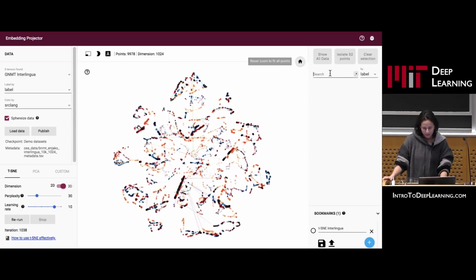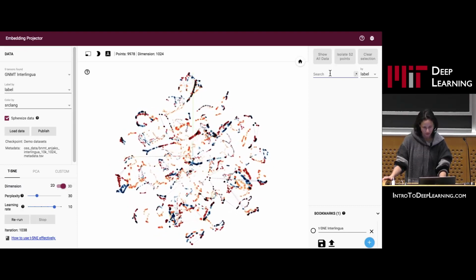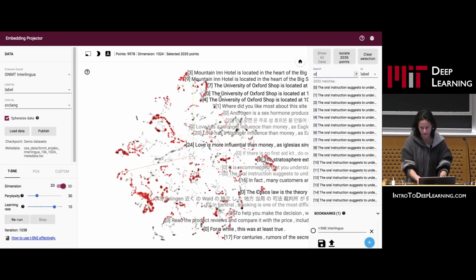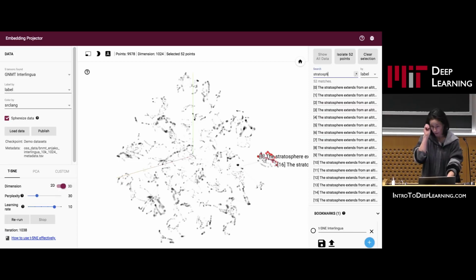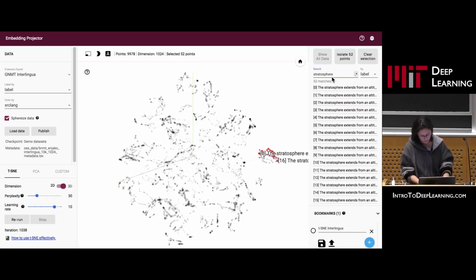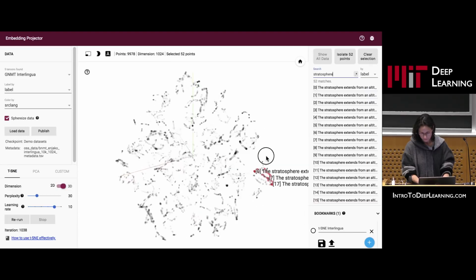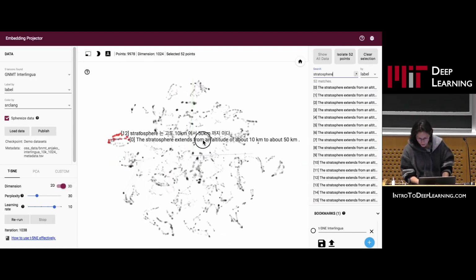And so the thing that I was hoping to show you, but I don't know that I'm going to be able to show you, let me see if I can. Oh, maybe I'll show you like this. So if I do a search for stratosphere, oh, it just did a bunch of stuff here that is not helpful.